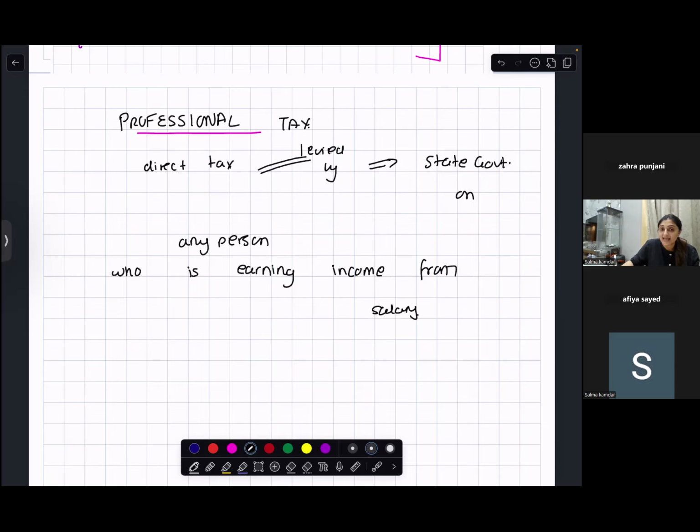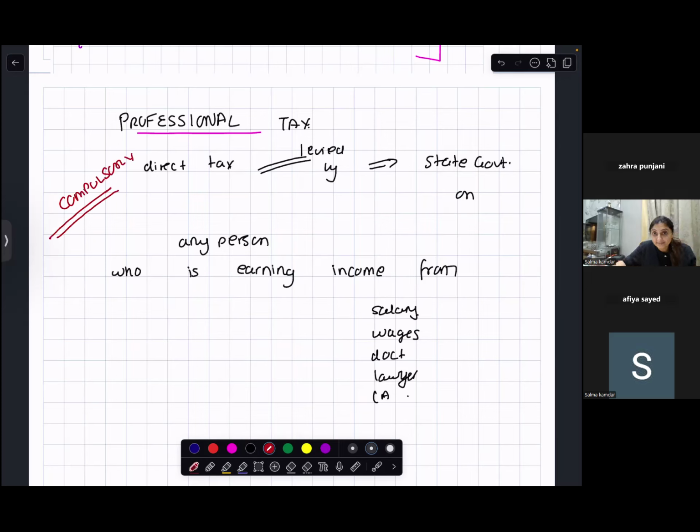If you want, you can write it along with me. Who is earning income from salary, wages, or practicing as a doctor, a lawyer, or a CA. We say anybody who is working for someone is treated as a professional, and this person has to pay a certain amount of tax to the state government. From whatever income he is earning, a certain portion should go to the state government, and this is compulsory.